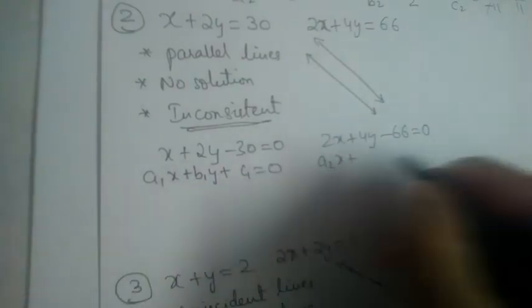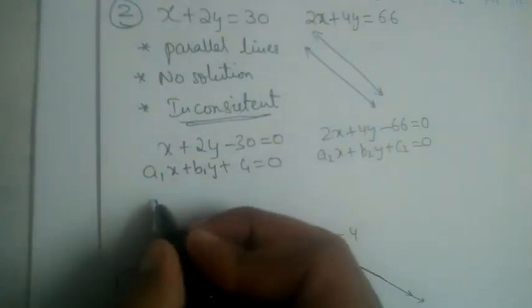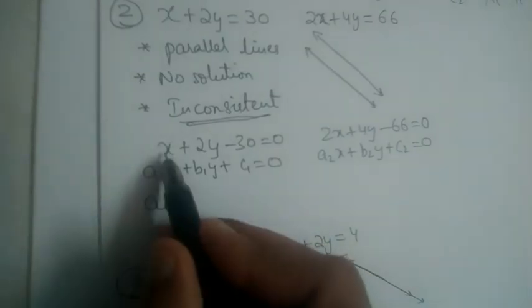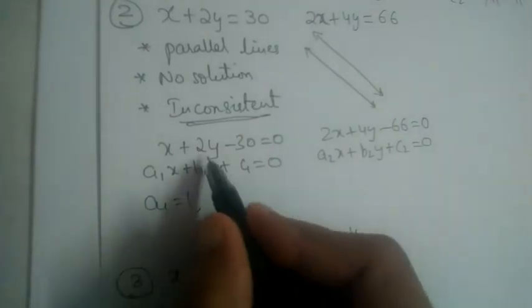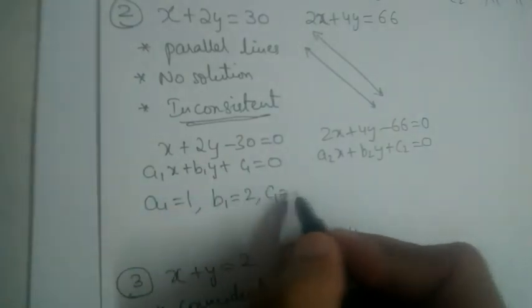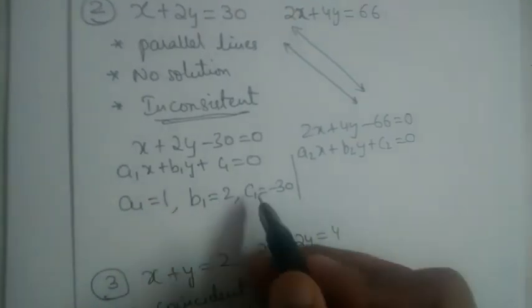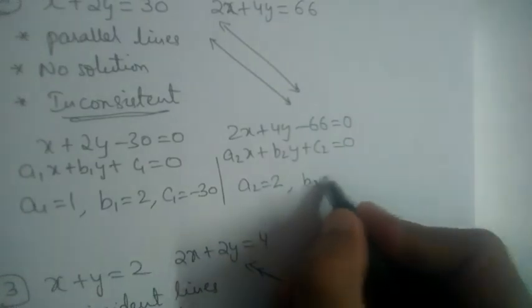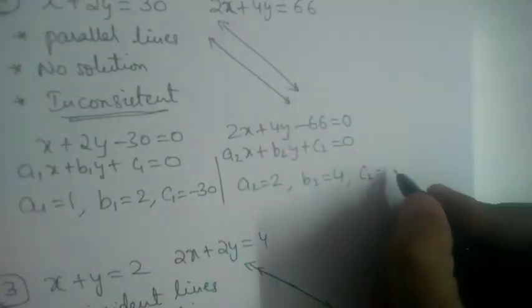This is a2x plus b2y plus c2 is equal to 0, right? So what is the value of a1 now? It is 1, right? If nothing is there, the coefficient is 1. So a1 is 1, b1 is 2, c1 is minus 30. What is a2? a2 is equal to 2. b2 is equal to 4. c2 is equal to minus 66.